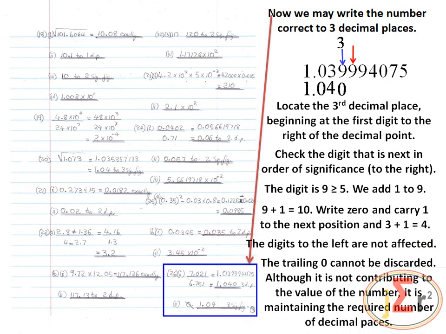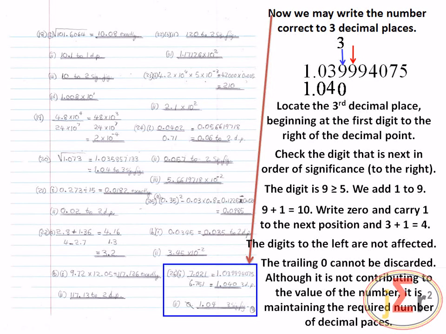The trailing 0 cannot be discarded. Why? Because we have 1.040. This 0 does not affect the size of the number, so why can't we eliminate it? The trailing 0 cannot be discarded, although it is not contributing to the value of the number. It is maintaining the required number of decimal places.